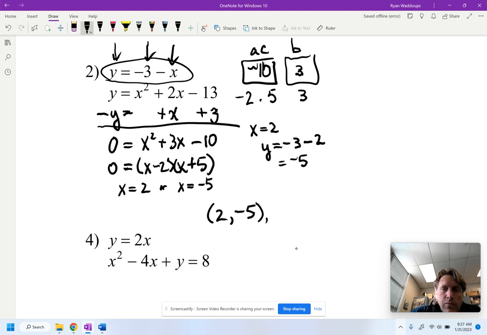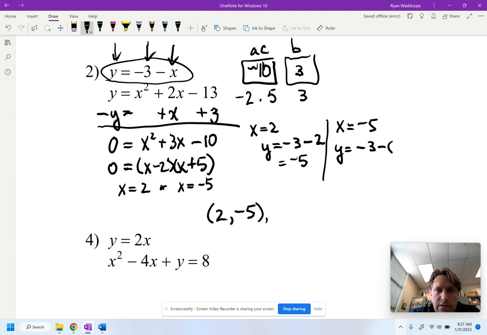And then what happens when x equals negative 5? Y equals negative 3 minus negative 5. That makes that positive 5. So positive 5 minus 3 is 2. And so my other solution is negative 5 comma 2.